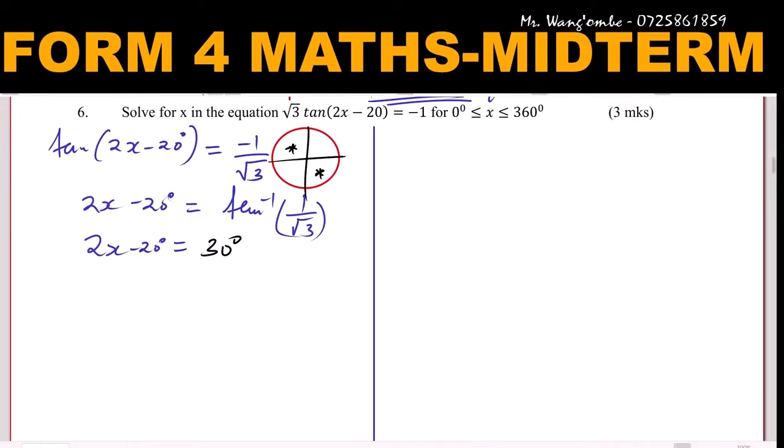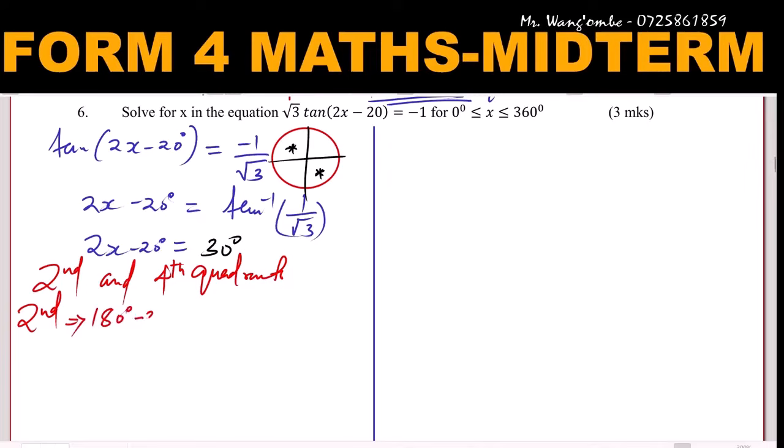The angles are in the second and the fourth quadrant. Let's go to the second quadrant. We get the angle by 180 subtract 30, so it will be 150 degrees. That is the angle in the second quadrant.